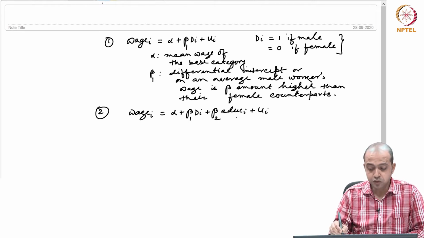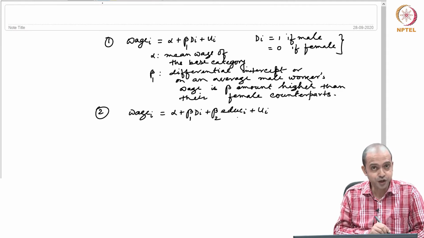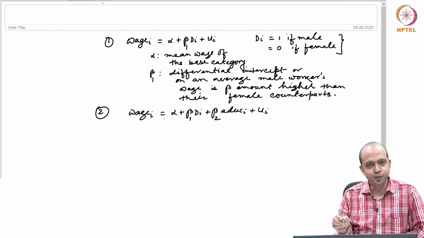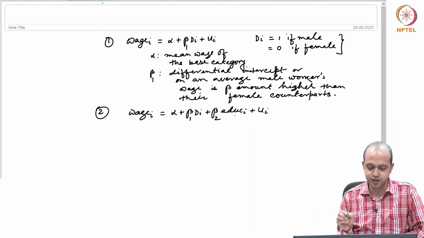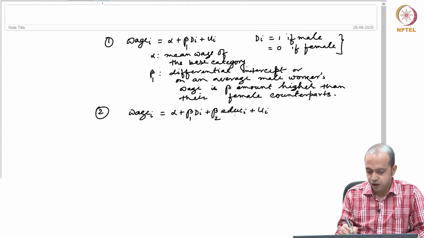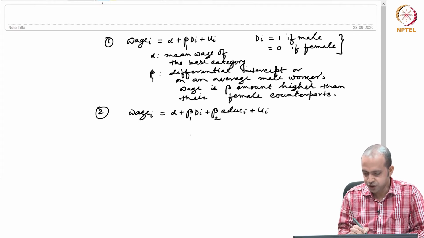Now, when we have the education variable, that means one quantitative variable involved in the model, the interpretation of alpha is not basically the mean salary of the base category, because you have education also involved. So, in that case, alpha is basically the intercept, and in this case beta 1 would again be the differential intercept.